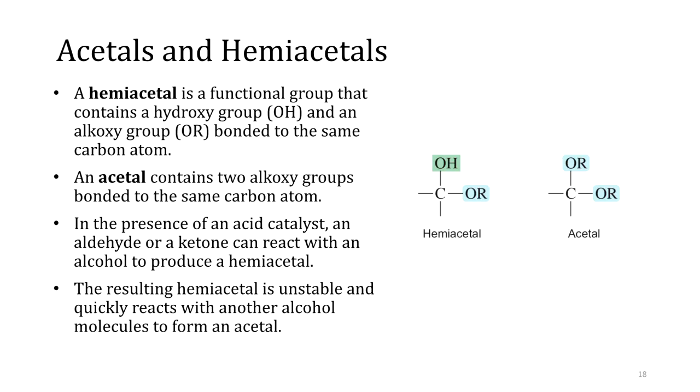An acetal contains two alkoxy groups, like two ether groups, attached to the same carbon. In the presence of an acid catalyst, if you have an aldehyde or a ketone and you react it with an alcohol, it produces a hemiacetal. But hemiacetals are unstable, and they'll react with another alcohol very quickly and produce our acetal.